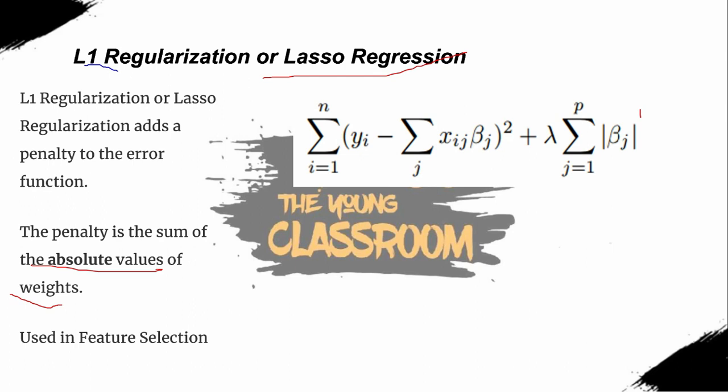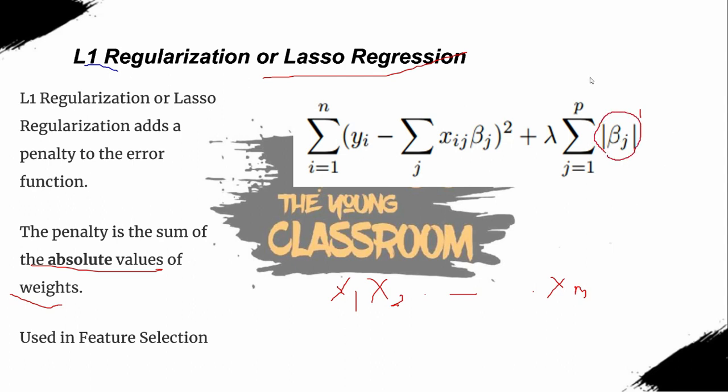The reason is that I can have x1, x2 till xn as our features, right? For features which are not important, my beta j would turn to 0.